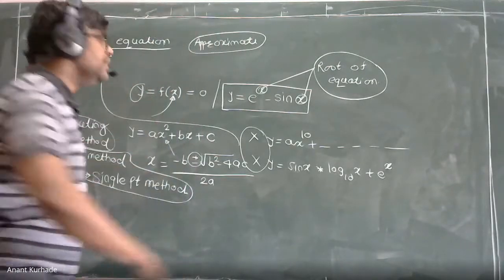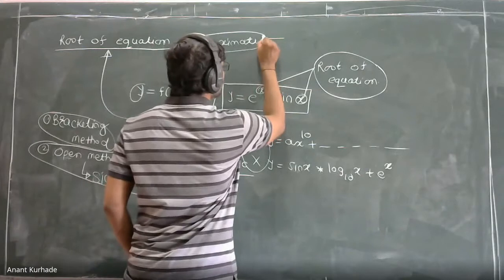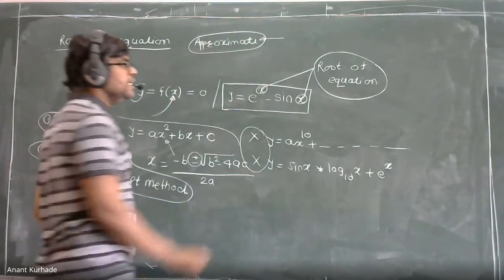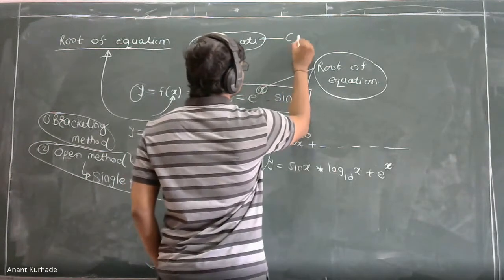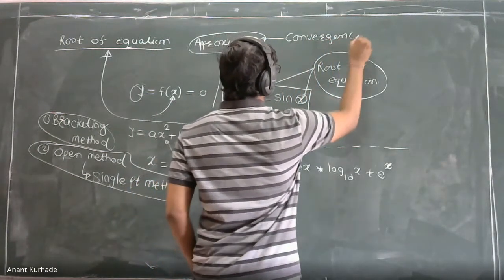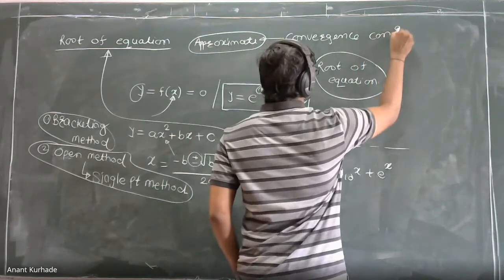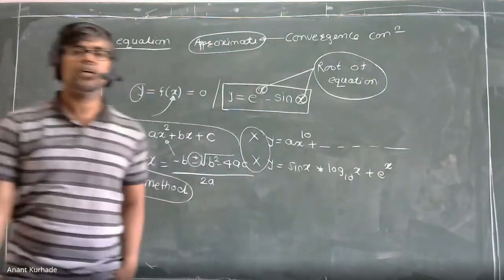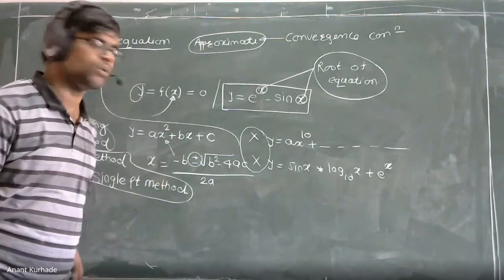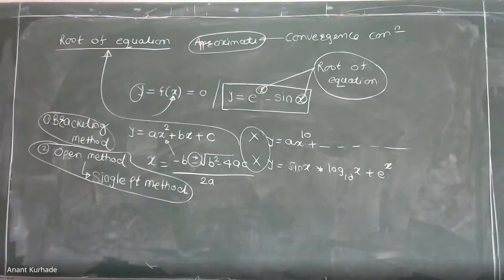While having this approximate value, for this chapter roots of equation, you always have to check one condition. That condition is the convergence condition. Convergence means approaching towards the exact root.